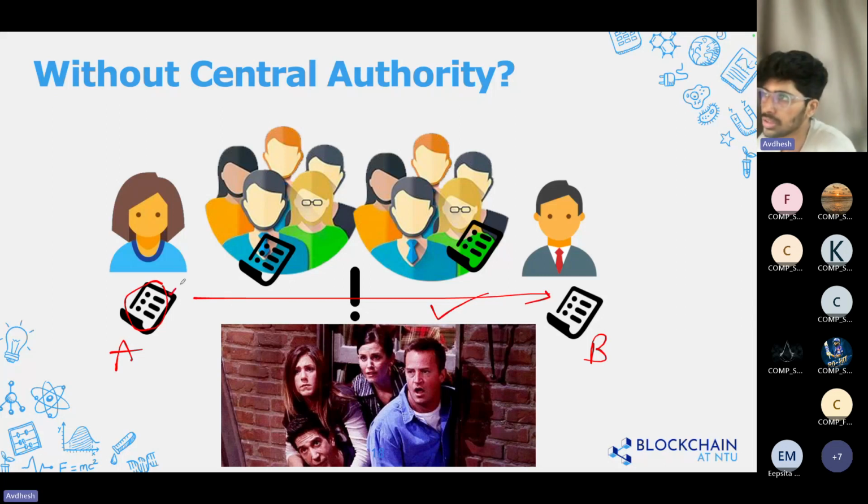All the transactions should be equal to this ledger, this ledger, this ledger, and 1 million other ledgers which have every transaction in it. It's difficult to do without a central authority, but Bitcoin has done it.